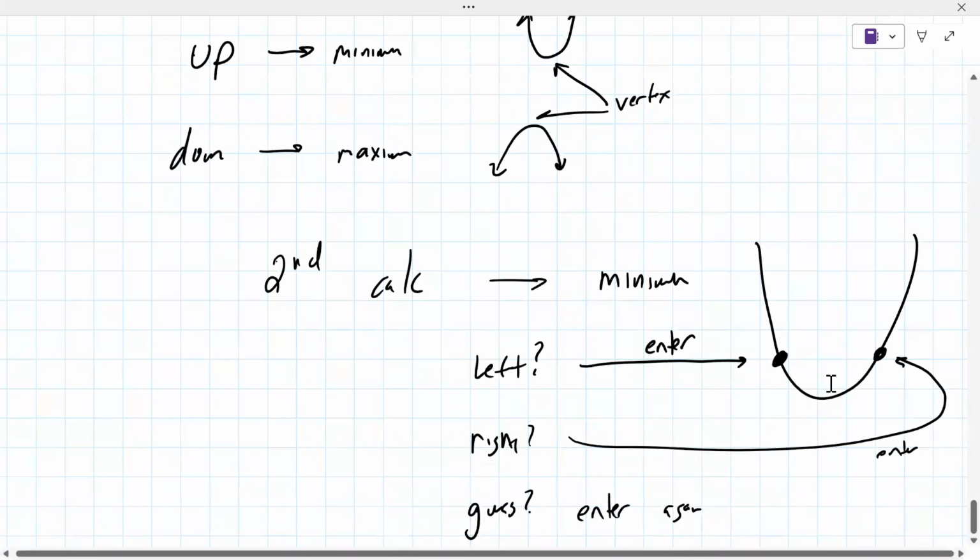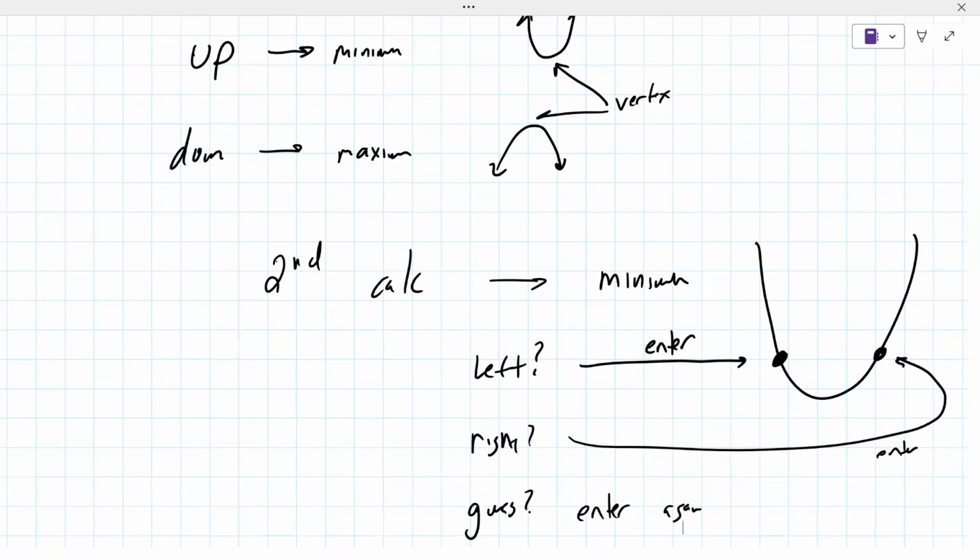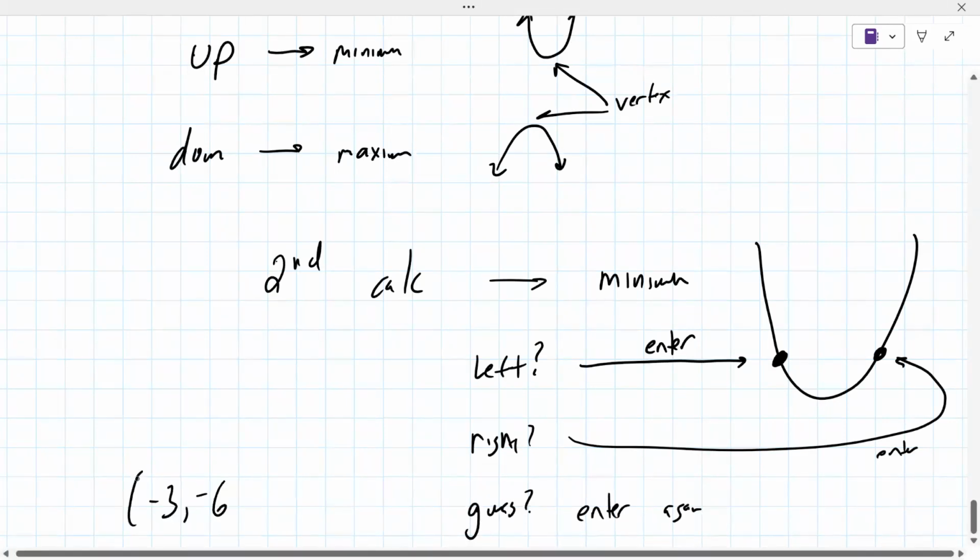And I want you to read to me the coordinates of the vertex, please. -3, -6. Good. Very good.